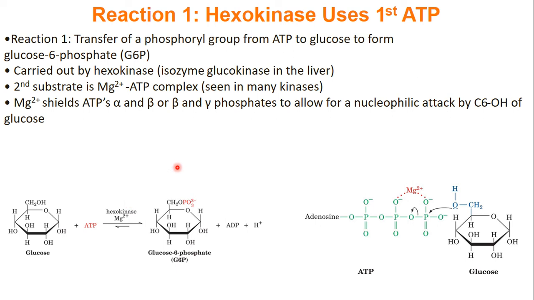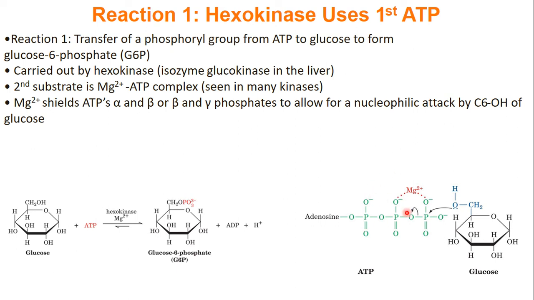And the liver is doing something else. The liver is not really doing glycolysis when it's using glucokinase. Now, the main substrate is glucose, but you need a second substrate. You need ATP and magnesium 2+, and it's in this complex. What magnesium is doing is shielding either the alpha and beta phosphates or the beta and the gamma phosphates.